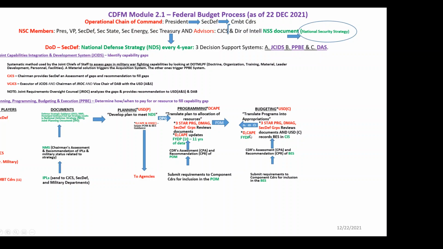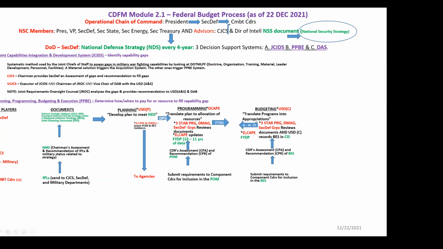An additional system, you see here, we talked about DCAPE being updated, program associated with the cost. But in the budgeting phase, the Comptroller Information System is also updated with the final budget numbers that are submitted to Congress.